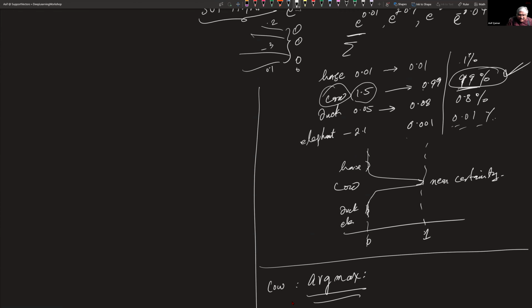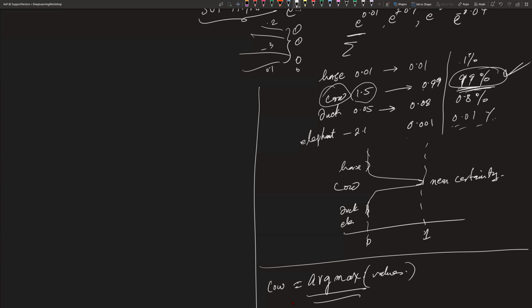Cow is the argmax of these values that you are seeing here. Are you getting that? Cow is the class which, if you assume it to be there, is producing the strongest response. It has the highest probability.